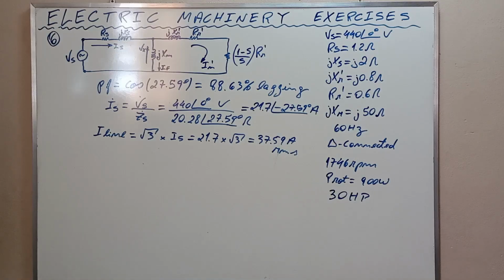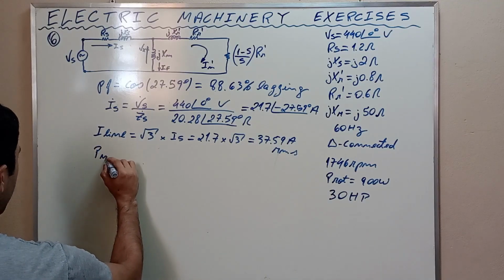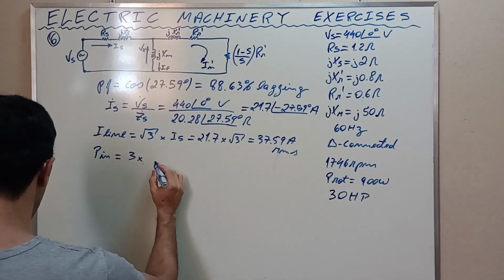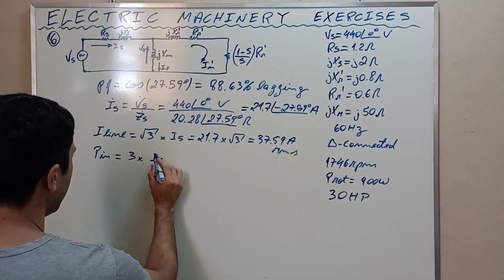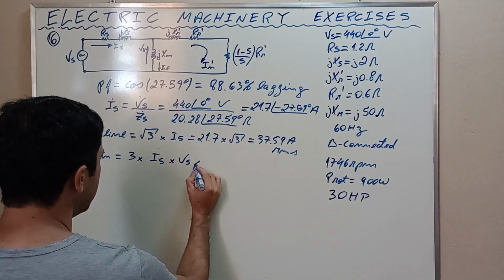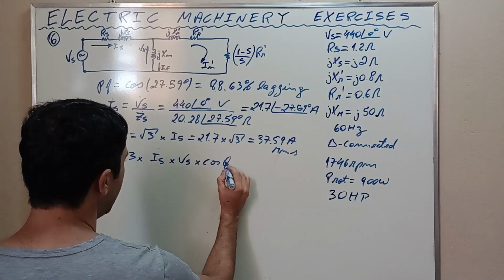So let's calculate the input power. The input power P in is equal to 3 times the phase current times the phase voltage times the cosine of the angle.